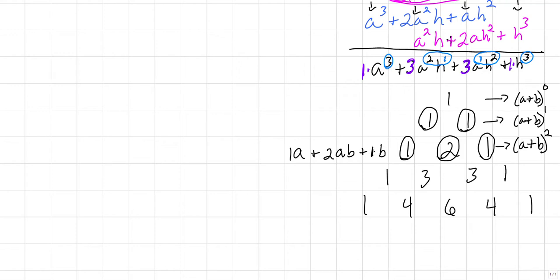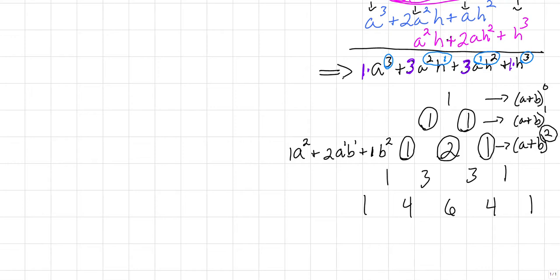Now remember, we also have to have the sum of the exponents of each term equal to 2, so this will be a squared. A to the first times b to the first is a sum of 2, and this is b squared.